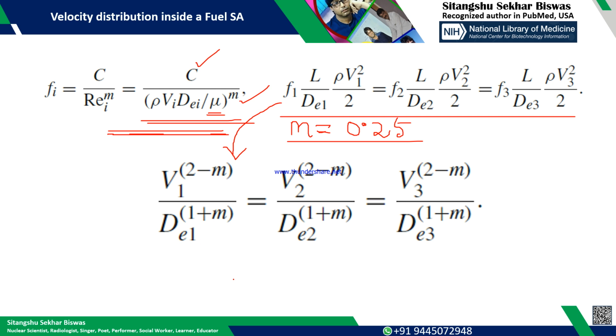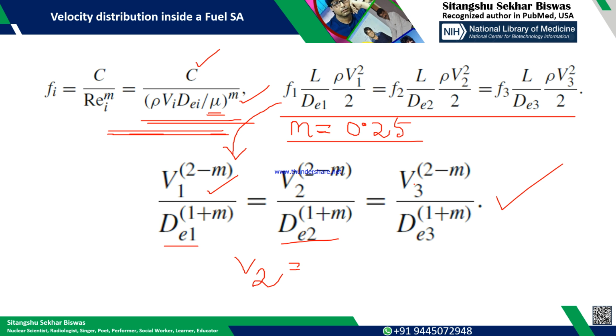correct. Now from here you can find out this V2, from this relation you can find out V2 and V3 in terms of V1, correct. So if you want to find out V2, your V2 is equal to this term divided by this term into this term, okay.